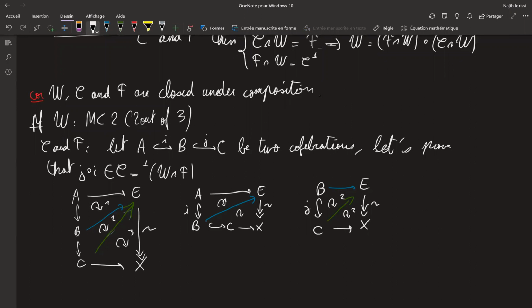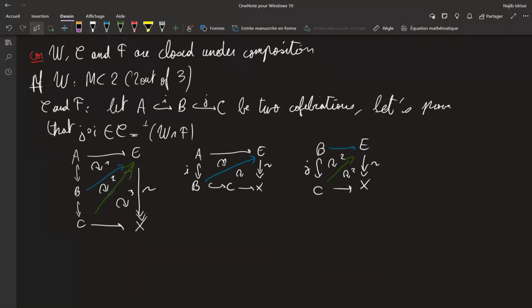So you can lift the first one, then the second one, and you get a lift of the total diagram. So you don't need to assume it in the axioms of a model category. It actually follows from the properties of the model category.